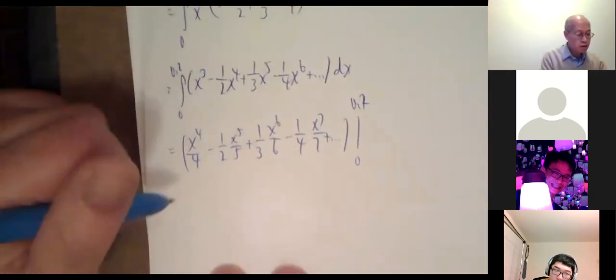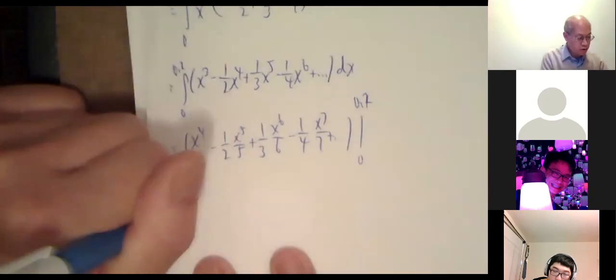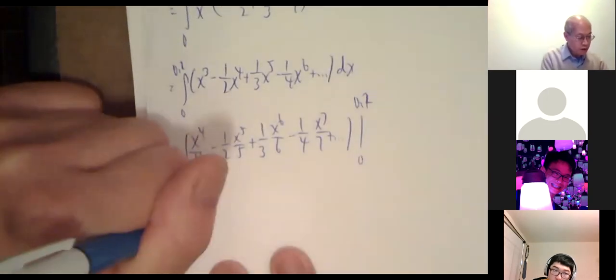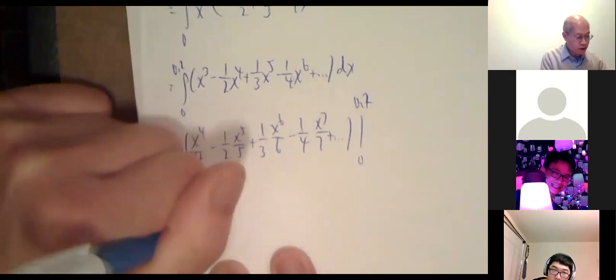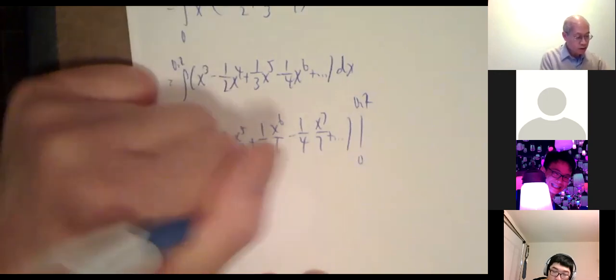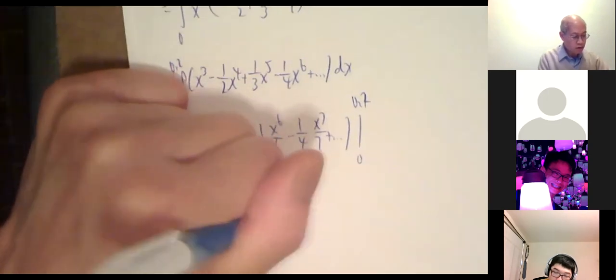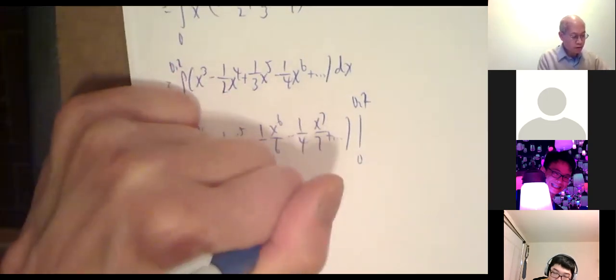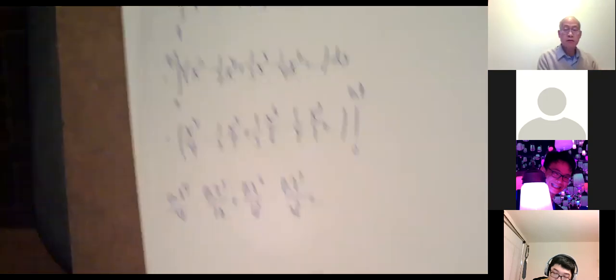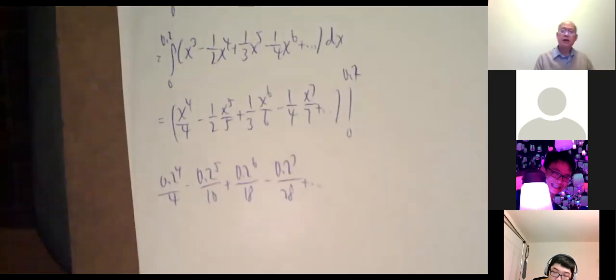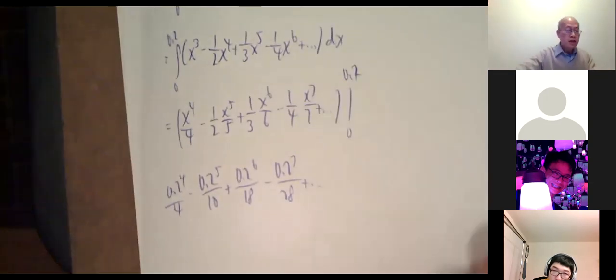So just plug in 0.2: 0.2 to the 4th over 4 minus 0.2 to the 5th over 10 plus 0.2 to the 6th over 18 minus 0.2 to the 7th over 28, dot, dot, dot. That converges by the alternating series test. So let's try to find something that's less than 10 to the minus 6.